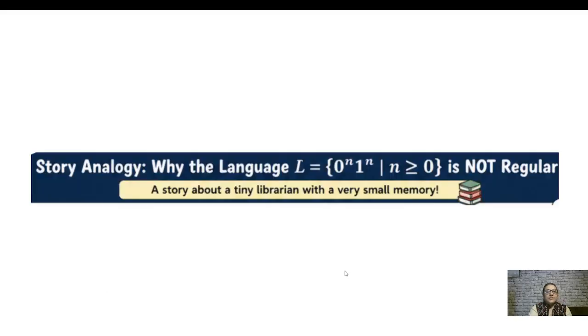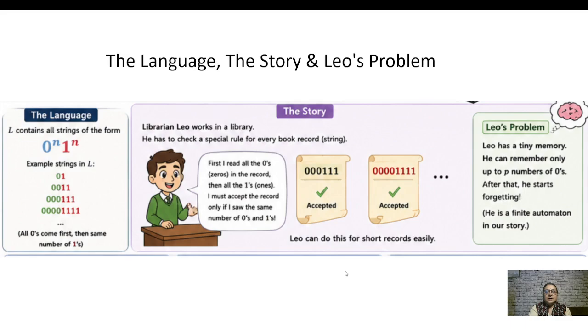So let us have another story analogy where we will see that this particular language is not regular. This is actually a code, 0^n 1^n.